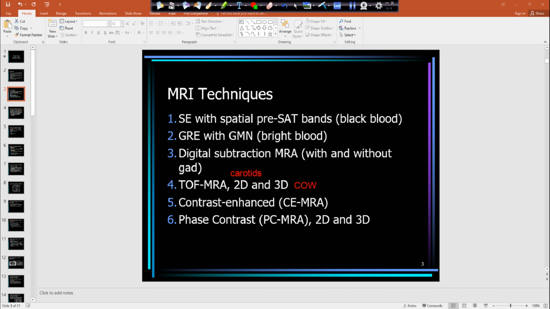Our fifth technique is our contrast-enhanced MRA. That's where we're imaging very rapidly. And we want to catch certain phases. So we want to catch the contrast in the artery, in the veins, and sometimes delayed imaging too. So if you're doing abdomens, usually we start the pulse sequence right as we hit it at that abdominal aorta. We see that blood flow coming down.